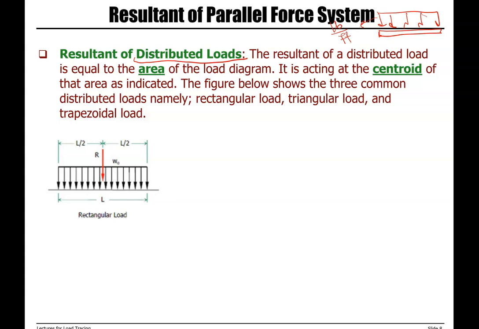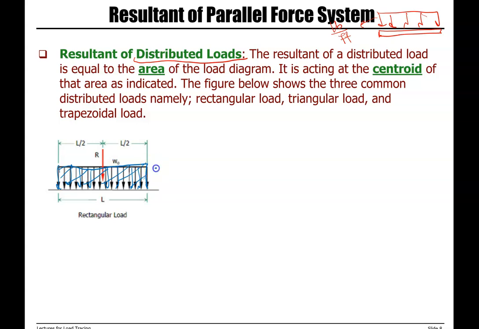So here we have a uniformly distributed load shown here. And the resultant, the red arrow, is equal to the area of this rectangle.